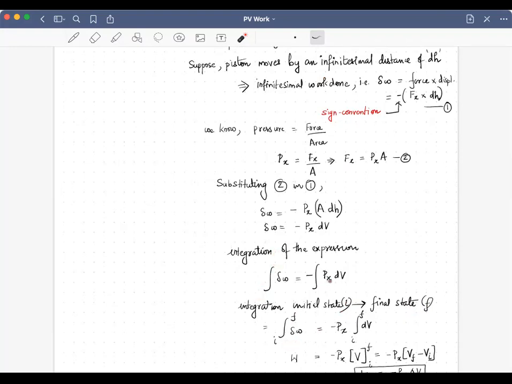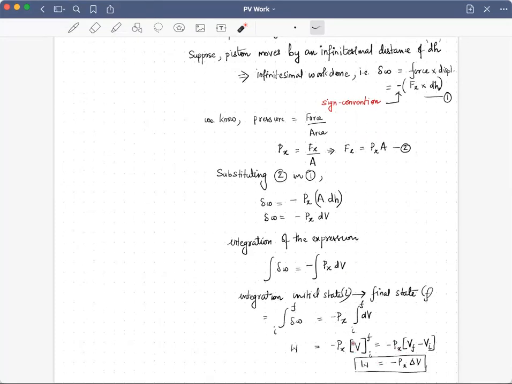Px, being a pressure term not involving any differential, can be put outside the integration symbol. Integration of dV is nothing but V, so it would be minus Px (Vf minus Vi), that means a finite change in the volume. So this is the expression that relates work with the state functions, pressure and volume.